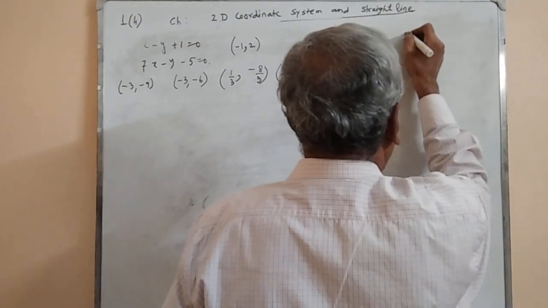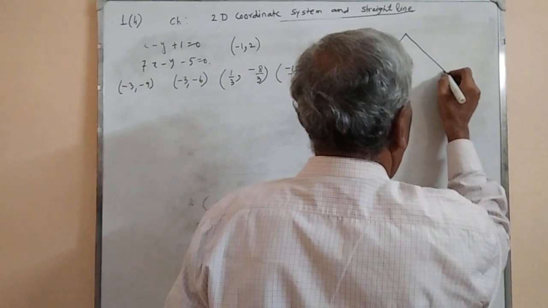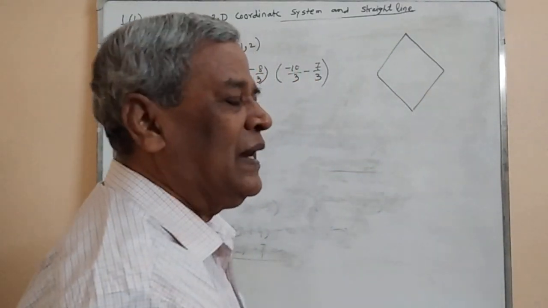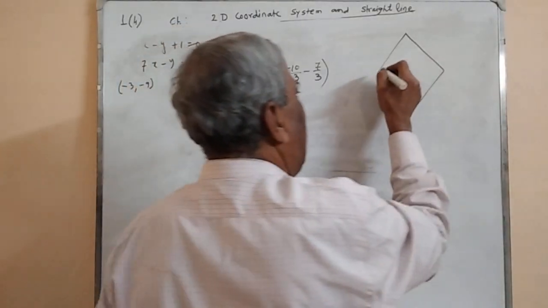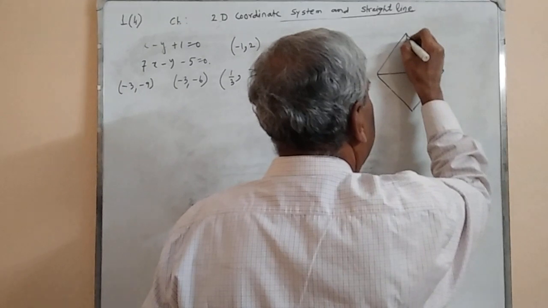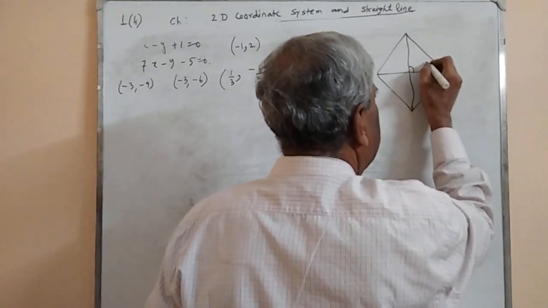About a rhombus we know that all four sides are of equal length and the diagonals of the rhombus meet each other at a right angle, that is 90 degrees.